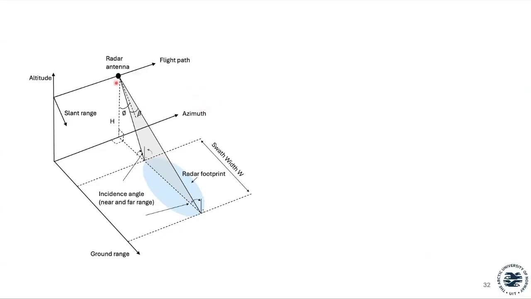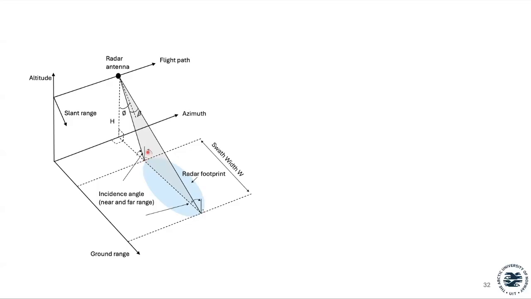So, a bit about the geometry of satellites, because this is super important when you interpret the acquisitions. Your satellite here is the radar antenna, because we're looking at the microwave imagery. Your satellite sends a signal. It's an active remote sensing measurement, if you remember the first slide.